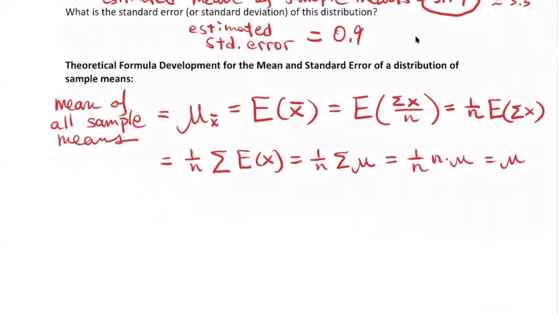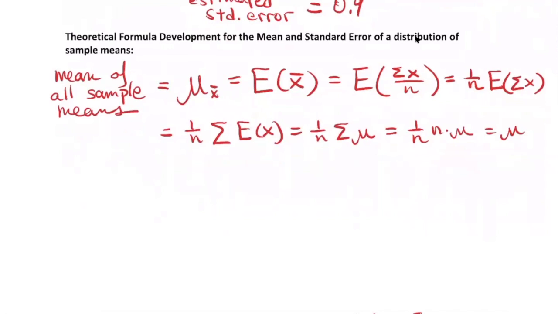But then more importantly almost is the standard error, because that'll give us a margin of error. So we'll go ahead and put this down, standard error. Oh wait, I gotta erase that. We have to do variance first. Variances are always how you work with standard deviations first. So the variance of all sample means, okay.